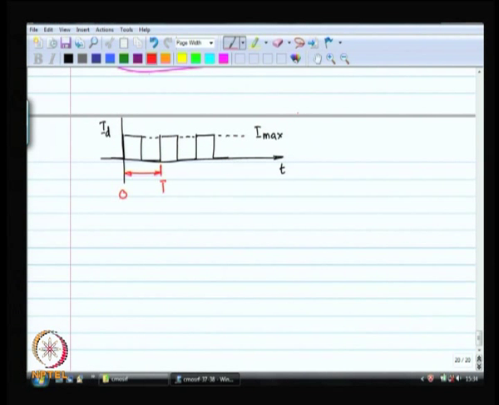Now, as we said before, the current going through the RF choke is going to be the average of this, which is I max by 2, which means that the current going into the load tank and load is basically going to look like this.